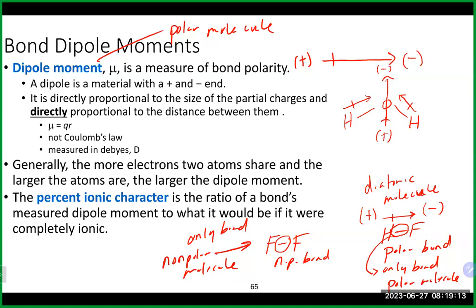As we'll see in the next chapter, when you have multiple atoms involved, you have to look at several things to determine whether the molecule is polar or non-polar. You can have polar bonds, but the molecule actually be non-polar. So there are a lot of things you have to look at when you have multiple atoms involved. Any questions on that there?